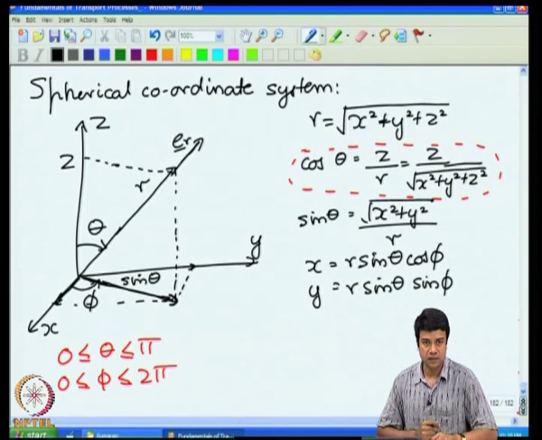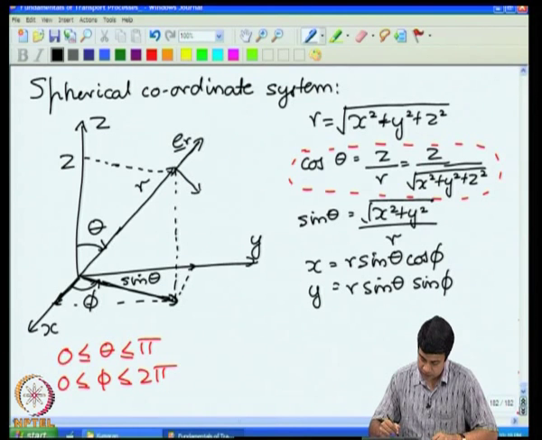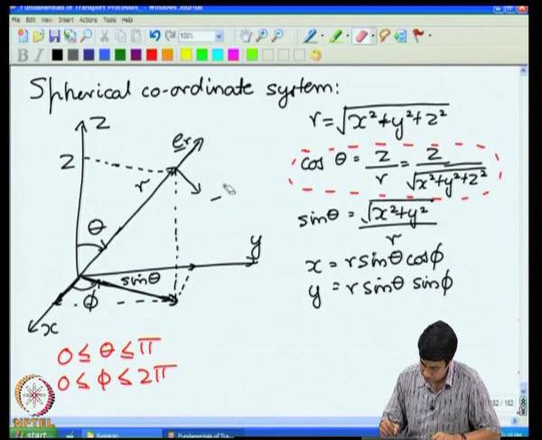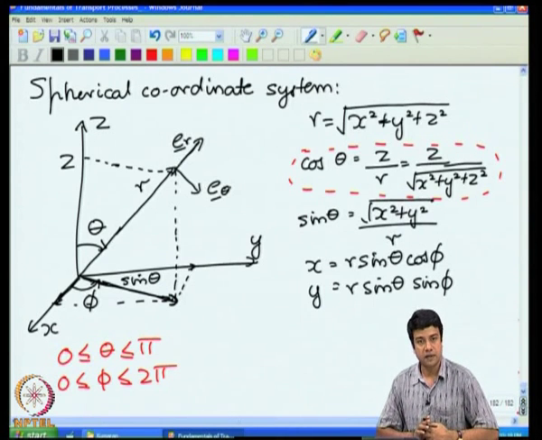E theta is in the direction of increasing theta.